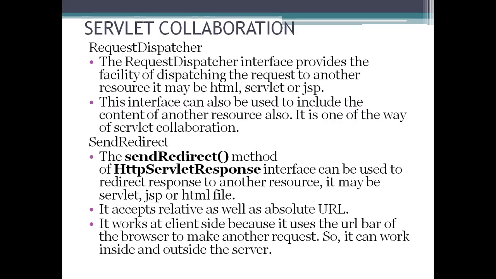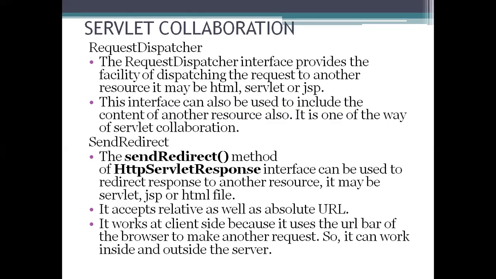Forwarding is done at the server side, so the client is unaware of forwarding. Forwarding means permanently moving the control. So if control is forwarded from servlet 1 to servlet 2 permanently, we cannot again forward from servlet 1 to servlet 3. While forwarding a client request from one servlet to another servlet, the last servlet in the chain is responsible for giving the response back to the client.